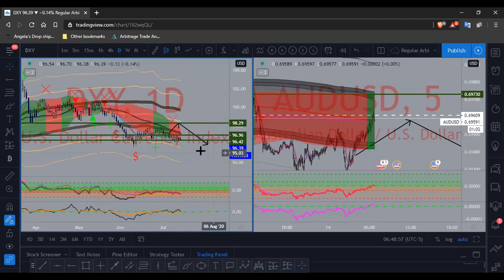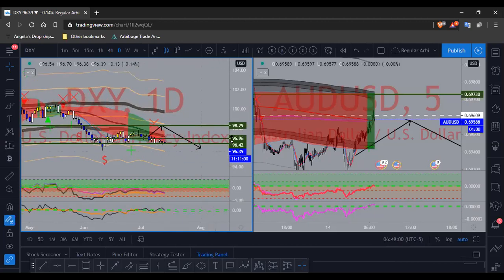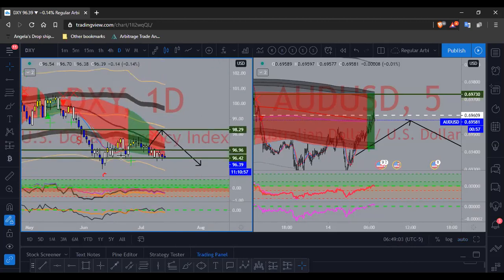USD has been behaving as if the US is on holiday. It's just ugly. It's been basically consolidating. But the reason why I think it could potentially go bullish is because the RSI line is so low on the daily time frame that I'm not sure if this can drop any lower.